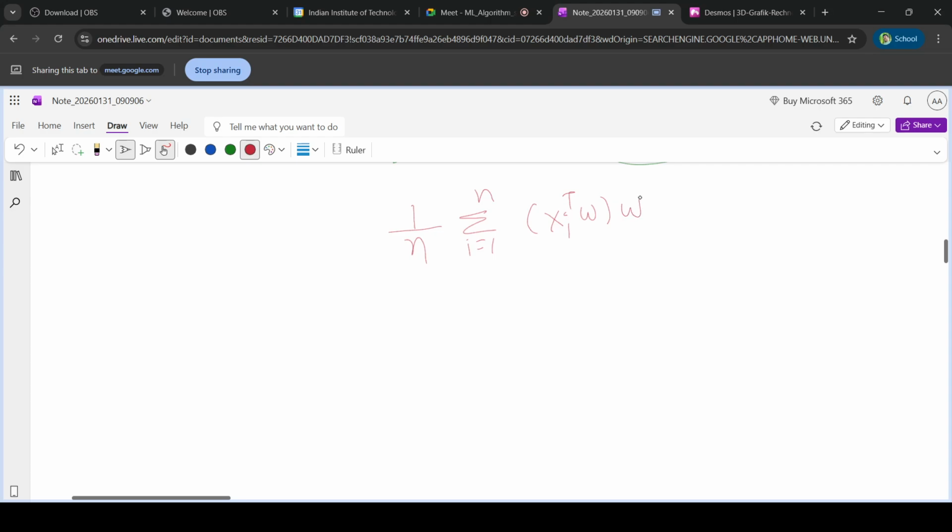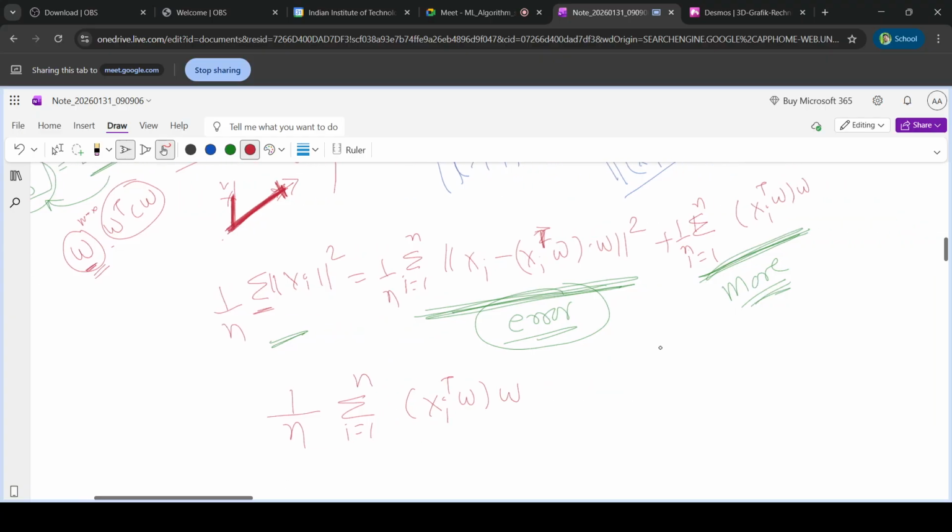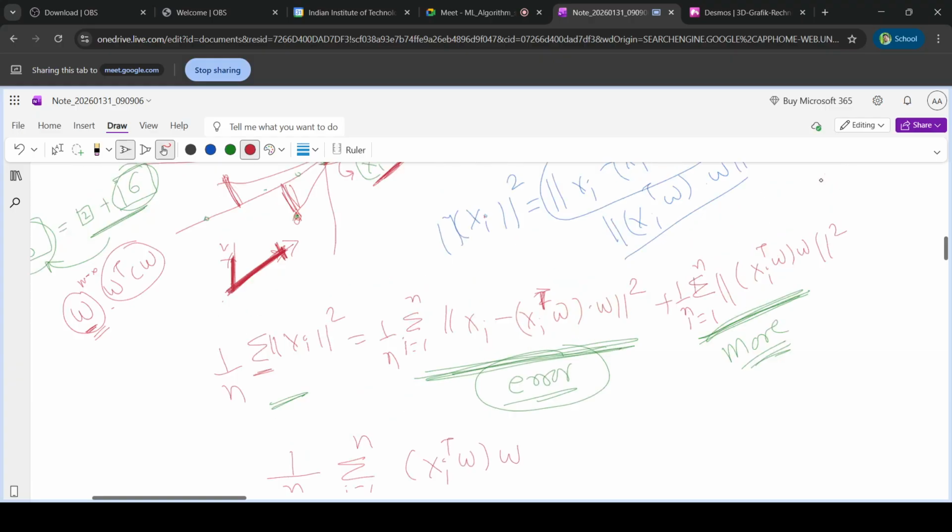But you know, in this equation, sorry, I should put a square here, because it is a square plus b square, the Pythagoras theorem.